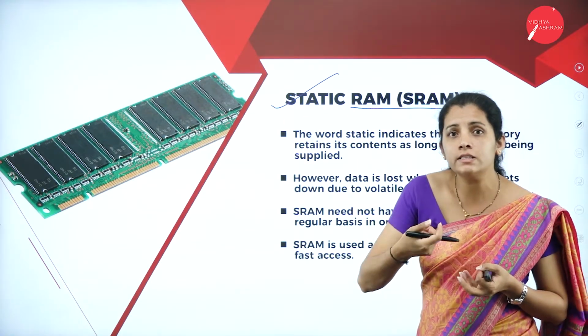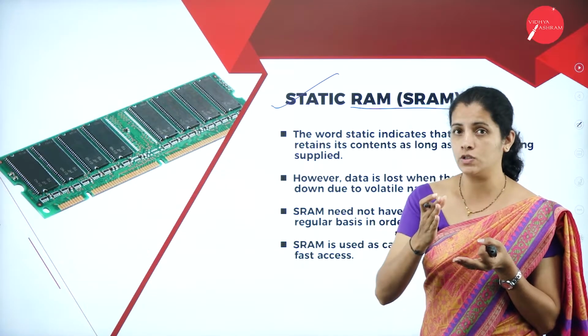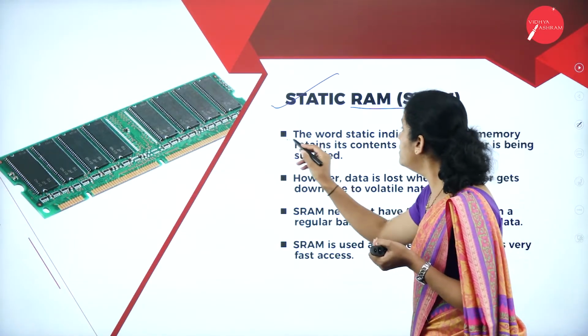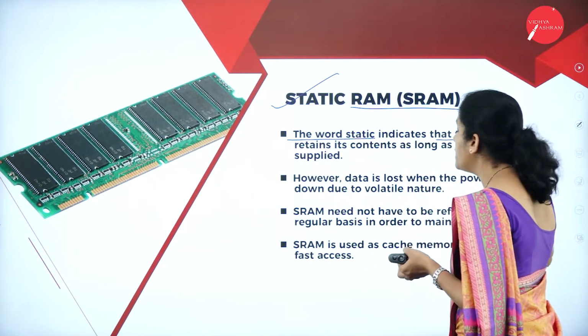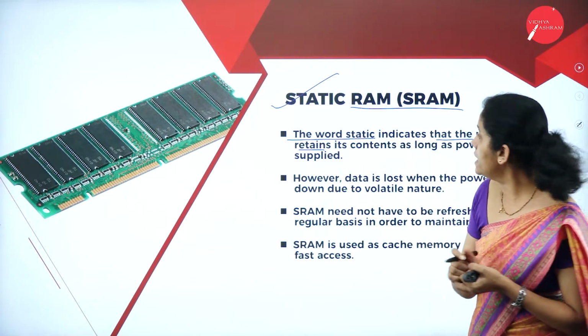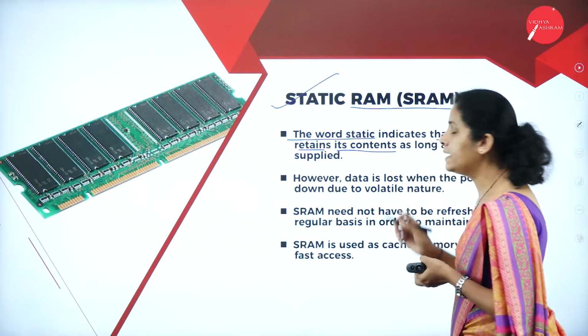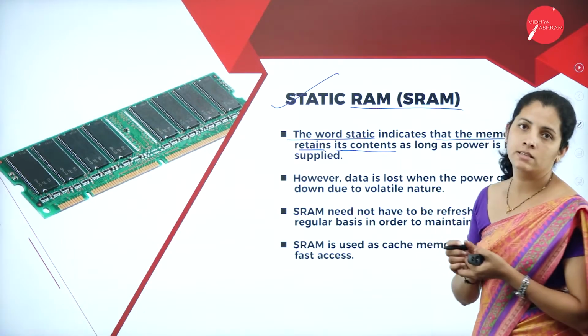So what is static? The name itself indicates that it is constant. Here the word static indicates that the memory retains, and retains means it remains its contents as long as power is being supplied.